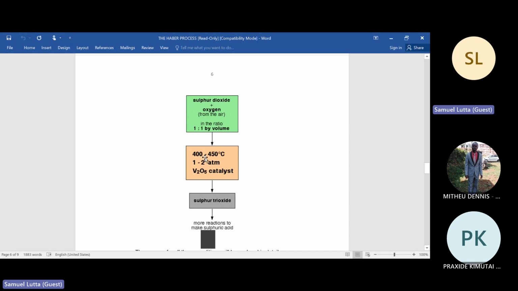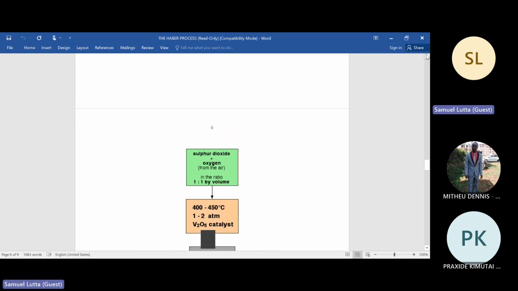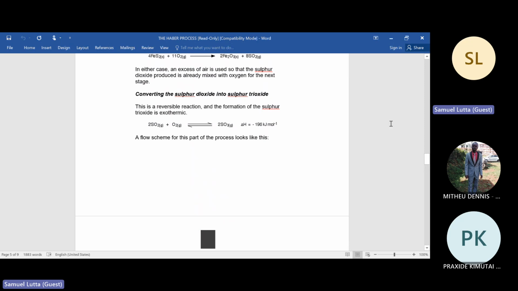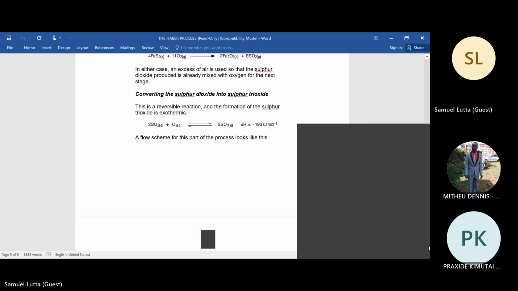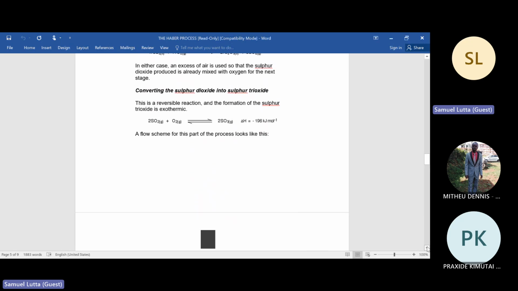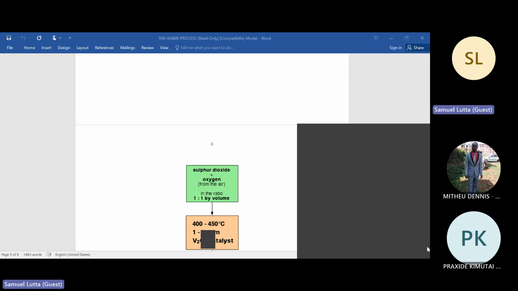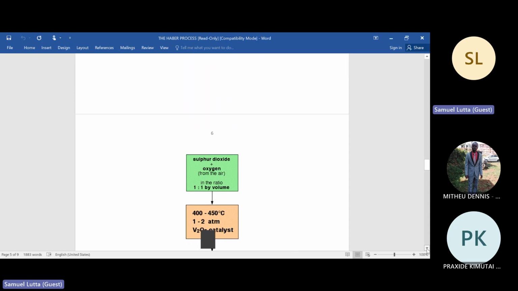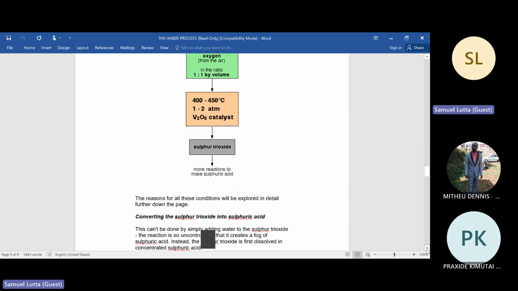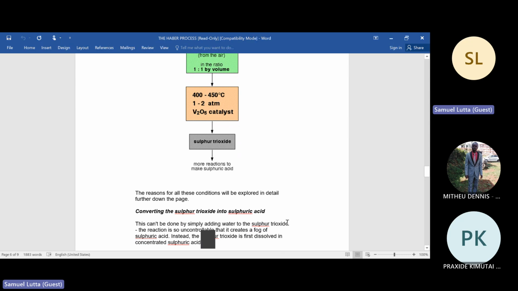When they react in presence of a catalyst, the catalyst that we use here is vanadium oxide, V2O5. You can see the pressure is a bit low, not like for the case of ammonia. So we have a low pressure, and then the oxide. So when you mix that, you get sulfur trioxide.